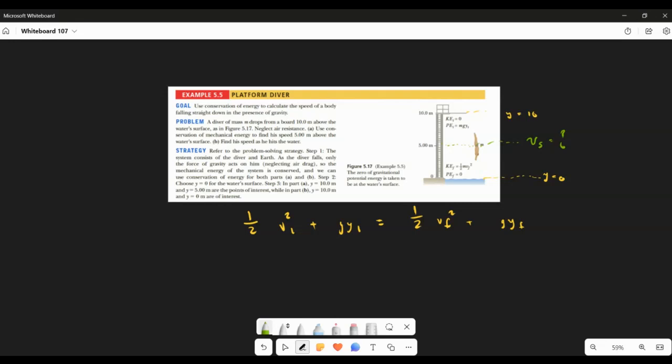Or Kuhle? Lufefe? What energy does he possess on top of the diving board? The question is, what energy does he possess on the top there when he's diving? Does he possess kinetic energy?